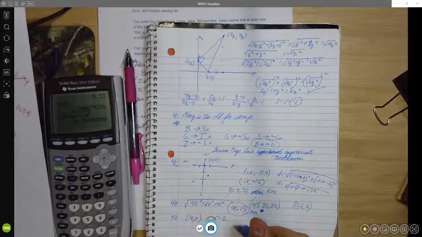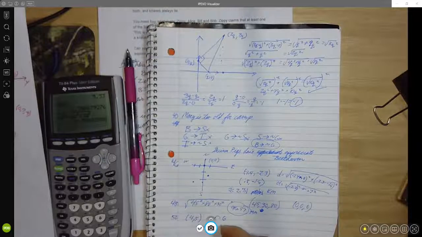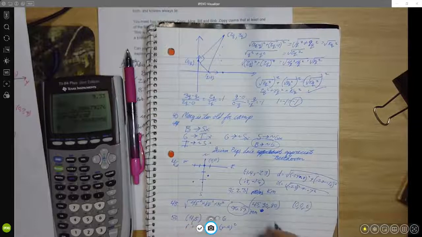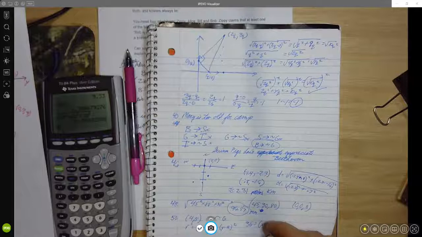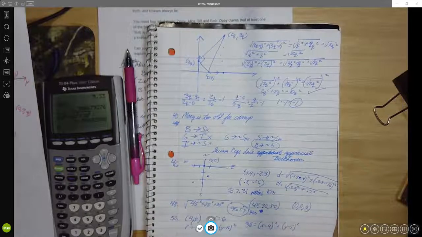And that's on the circle. So the equation for the circle is x minus h squared plus y minus k squared equals r squared. So we get 36 equals x minus 4 squared plus y minus 5 squared.